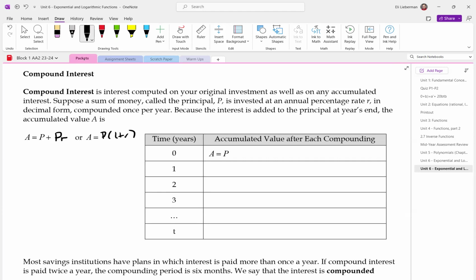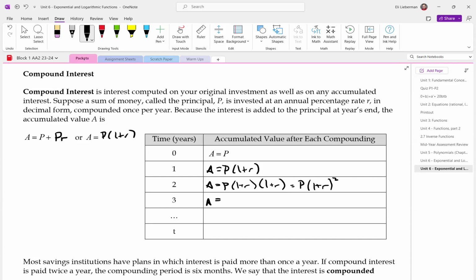If it doesn't, that's fine. So that just means after 1 year, the amount that we have is P times 1 plus whatever the rate is. In the second year, we're going to have the previous amount times another 1 plus R, or P times 1 plus R squared.